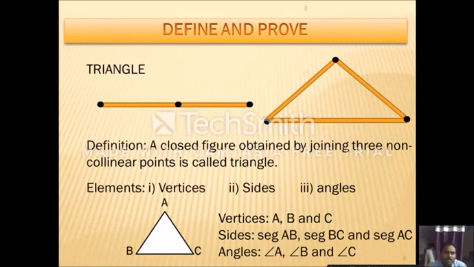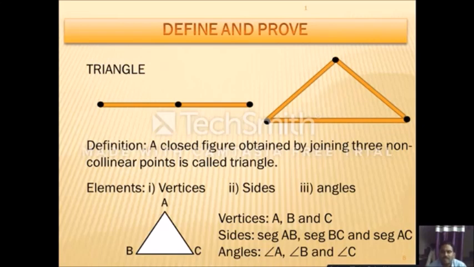Now, we can observe this triangle and tell the elements of this triangle. A triangle has 3 types of elements. First, vertices, second, sides and third, angles. Now, what is a vertex? We know that the point of intersection of the 2 segments that form an angle is nothing but the vertex.